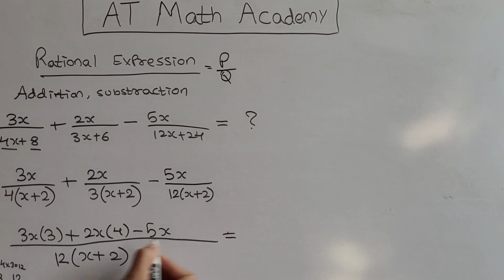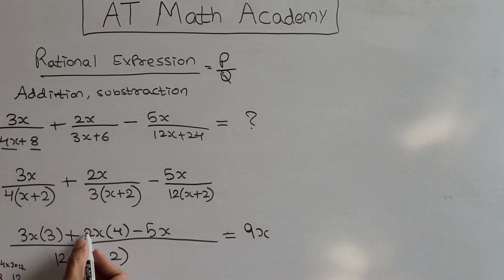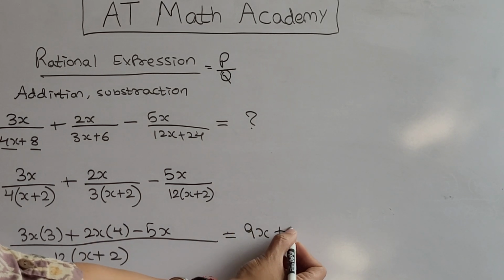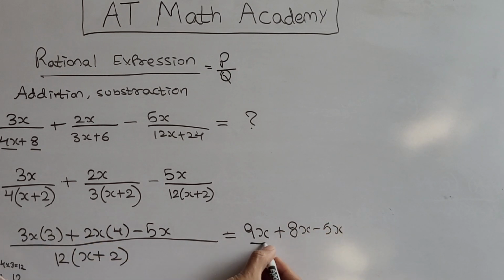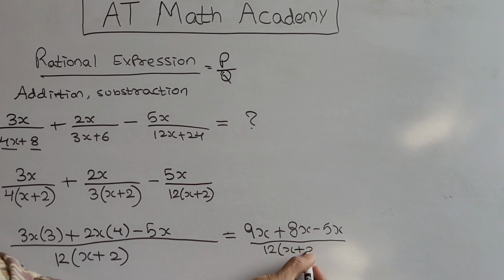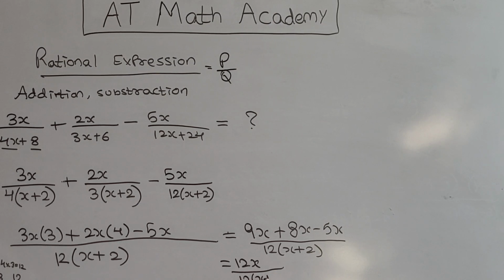Going forward, 3 times 3 is 9, so 9x. And 4 times 2 is 8, so 8x, minus 5 into x, all over 12 into x plus 2. When you do that, 9 plus 8 is 17, and 17 minus 5 is 12. So we'll be left with 12x by 12 into x plus 2.